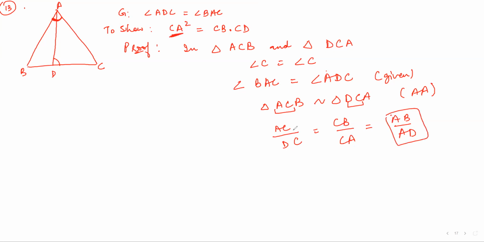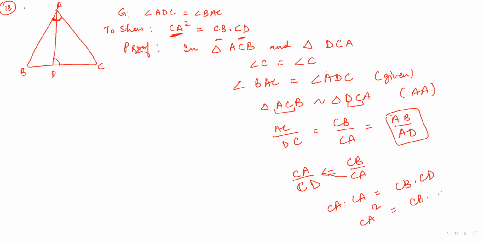I'm taking only the first two and writing this AC as CA. So CA upon CD is equal to CB upon CA. Just multiply, take this CA here, so CA into CA, and take this CD here, so CB into CD. CA into CA becomes CA square is equal to CB into CD.